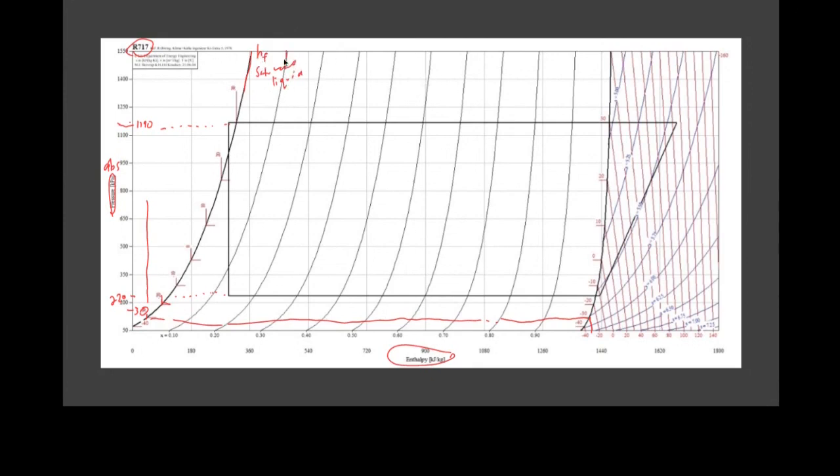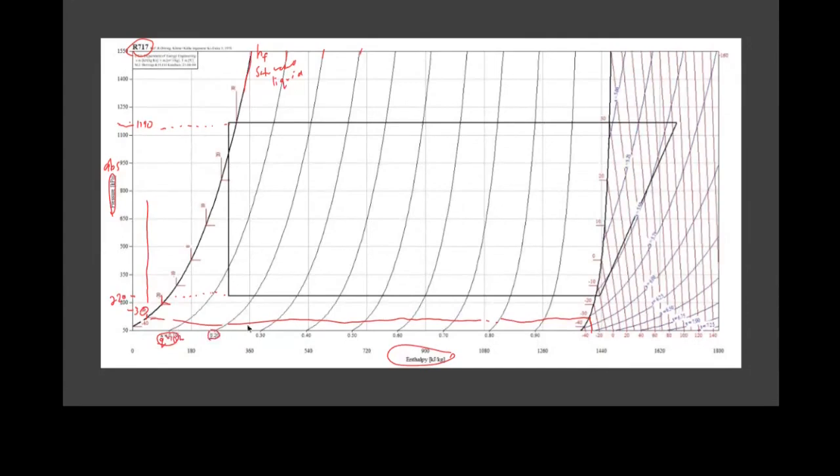And then we've got a whole bunch of other lines here that go across, and those are lines of constant quality. Here it says X is equal to 0.1, and you know we often use the symbol small letter q, the dryness fraction, okay? So this one, 0.1, is equal to 10% dry and saturated.